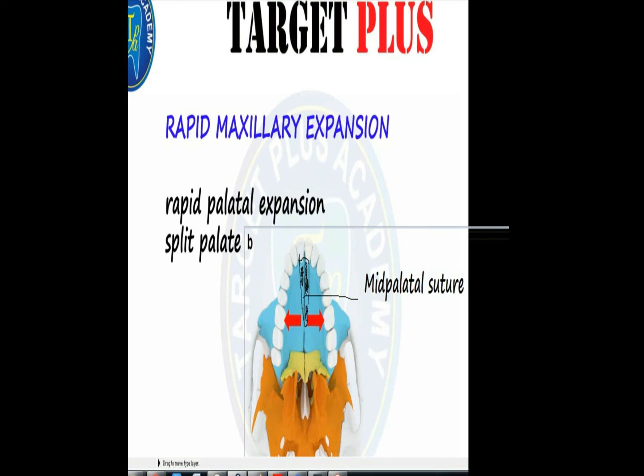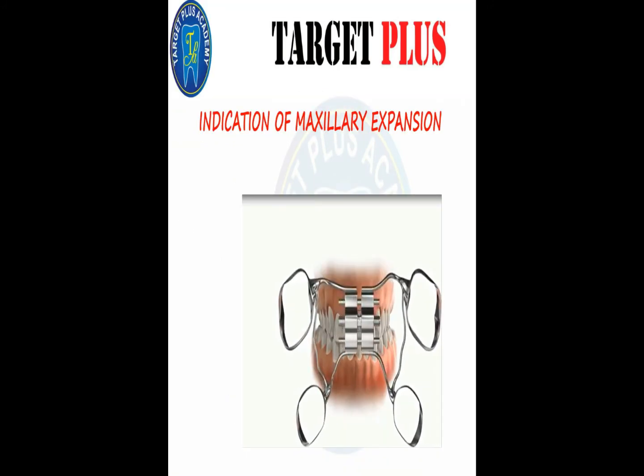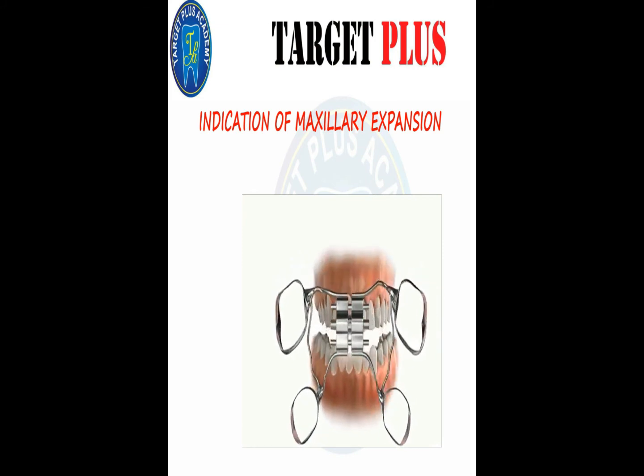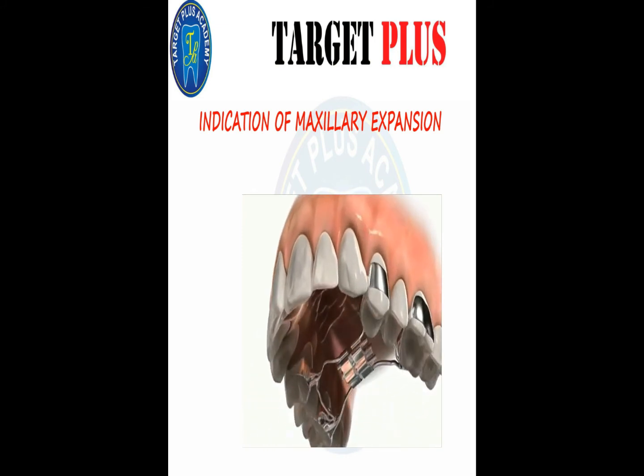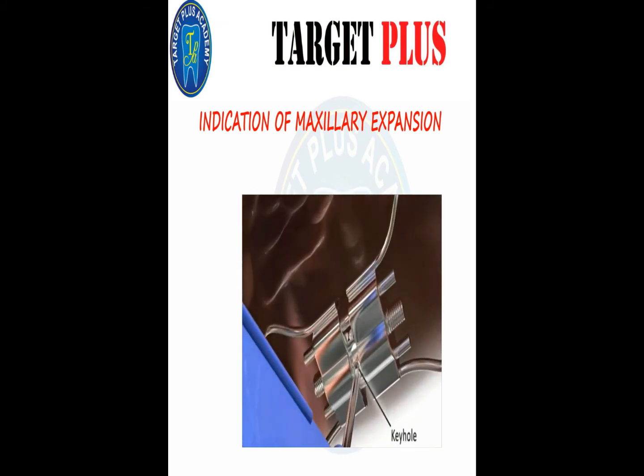So another MCQ: the RME appliance forces generated are close to 10 to 20 pounds and expansion of 0.2 to 0.5 mm should be achieved per day, and the screw is activated at between 0.5 to 1 mm per day, and about 1 centimeter of expansion can be expected in 2 to 3 weeks.